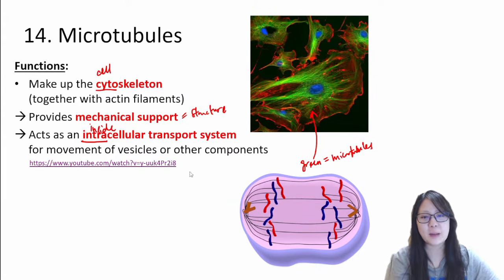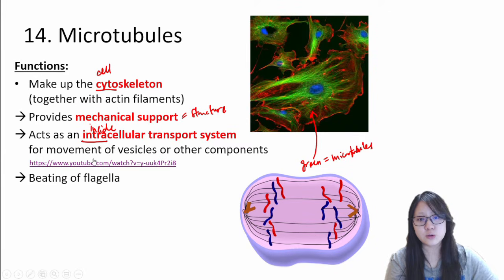Anyways, back to the topic. Again, we are talking about microtubules. They make up the cytoskeleton. Other than providing structure and support, they are an intracellular transport system. Now, they also help in movement of the cell. So as the cytoskeleton changes, the cell shape changes, creating movement.